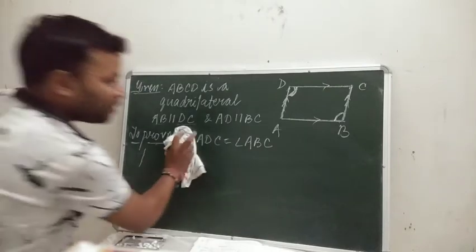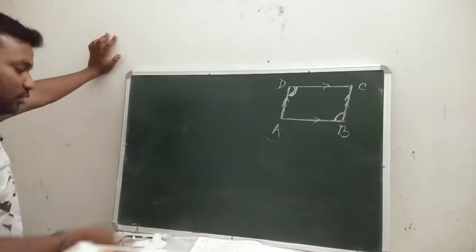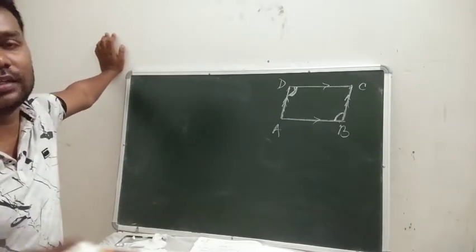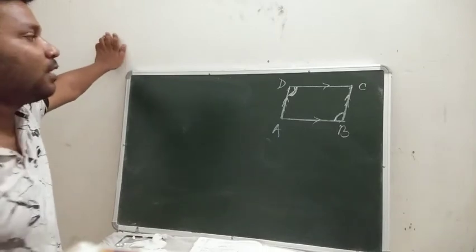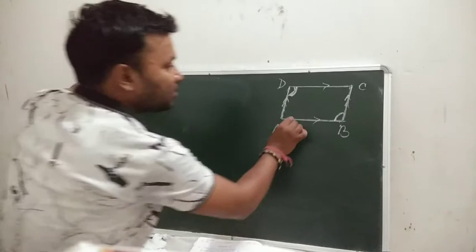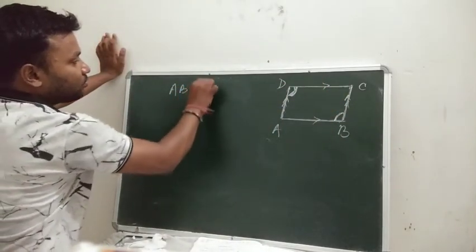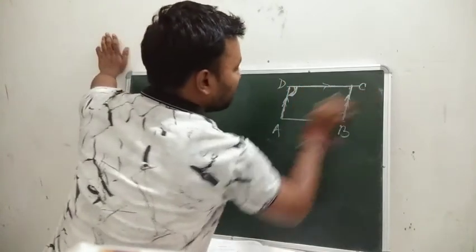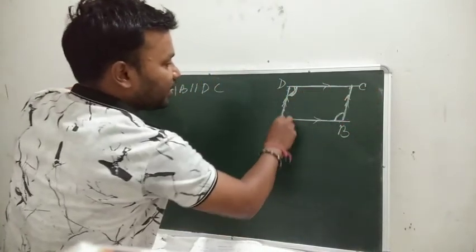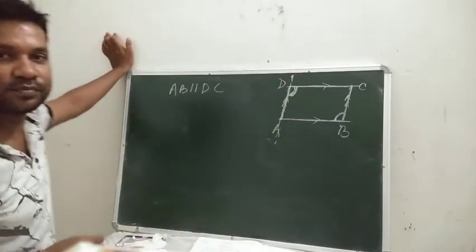So, students, as we already discussed in this chapter, which type of angles are formed by a transversal when it cuts two parallel lines. It is already given in this question that AB is parallel to DC. This is parallel to this. And for these two parallel lines, AD can be considered as a transversal.